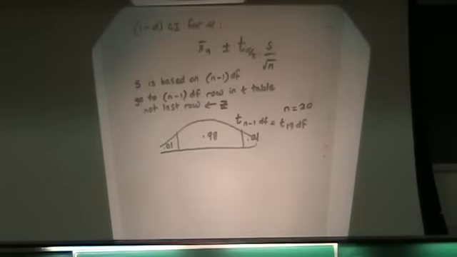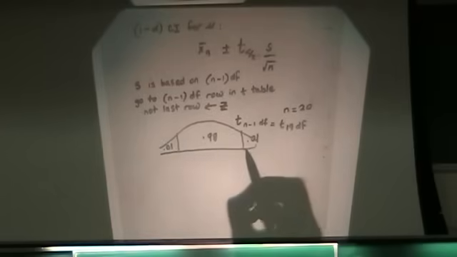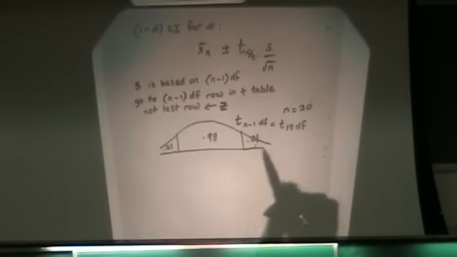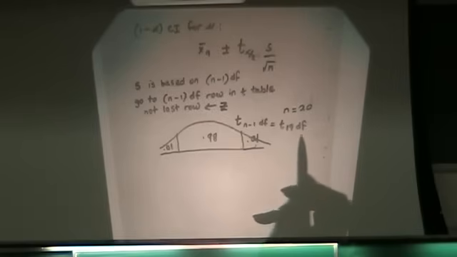So please could you go to the 0.01 column in the T table, but this time don't go to the last row where you see 2.326. I don't want that. I want the 19 degrees of freedom row on the T table.